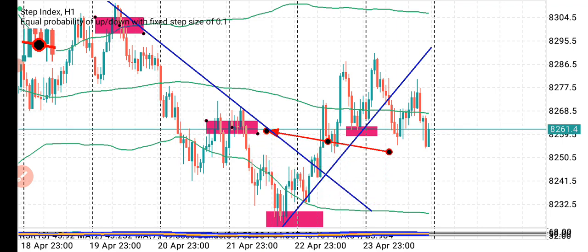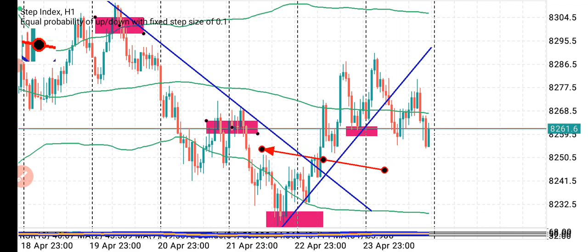So the trend line in a downtrend is serving as our resistance, while in an uptrend, as we are seeing in this scenario here, the trend line is serving as our support.